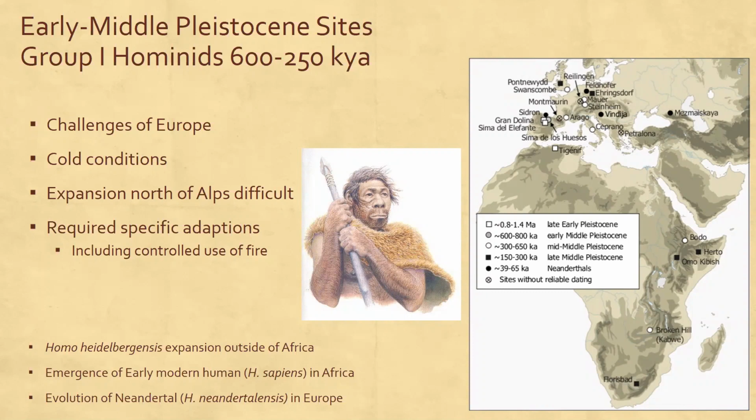The emergence of early modern humans, Homo sapiens in Africa, probably occurred just towards the end of this period, and maybe as a group 2 hominid. We also would see the very beginning of the evolution of a species known as Homo neanderthalensis in Europe, or the Neanderthal.